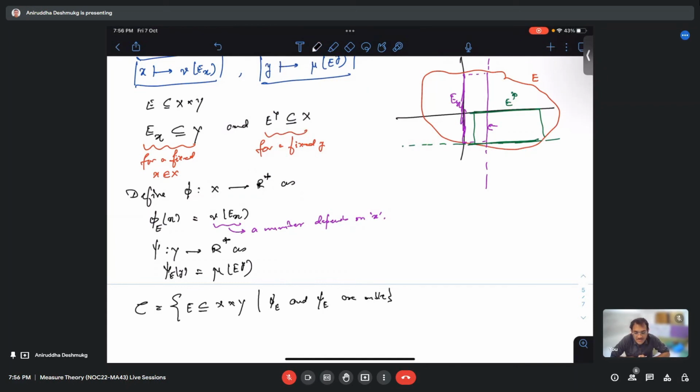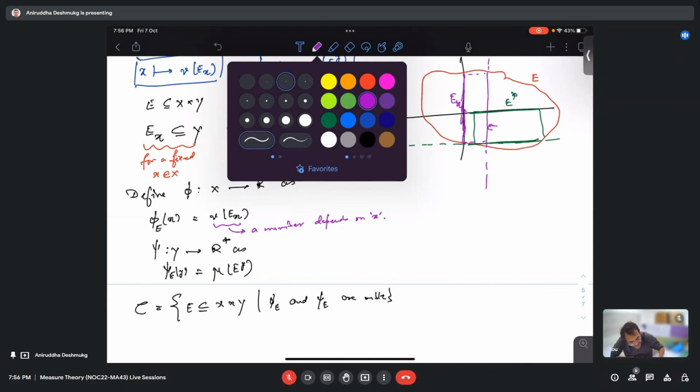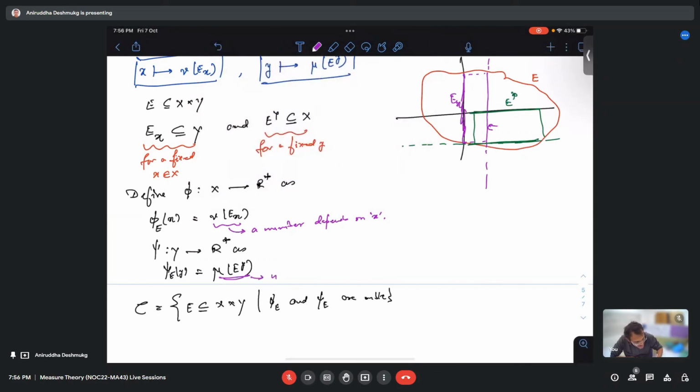And the same for E^y: the choice of y determines the value of psi of y, so this number is dependent on y. Right, right.